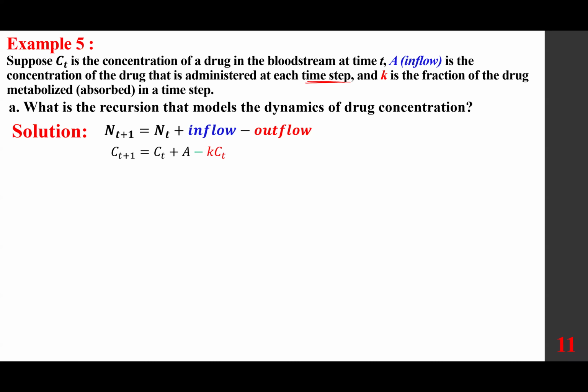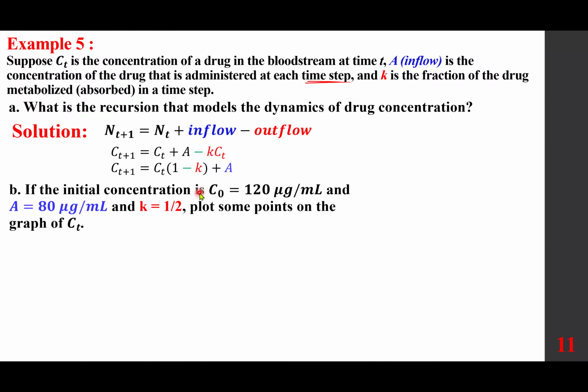So C sub t plus 1 is C sub t plus A minus K times C sub t. If you combine these two by factoring, you get C sub t times 1 minus K. That's the basic factoring. I hope everybody's okay with that.